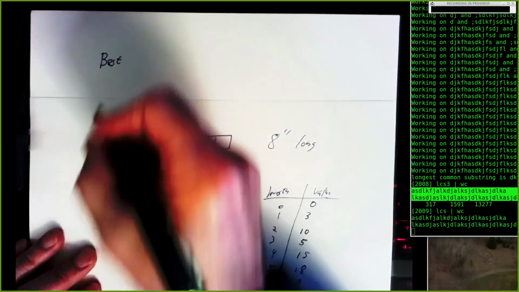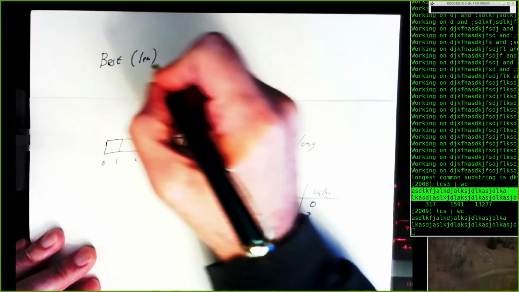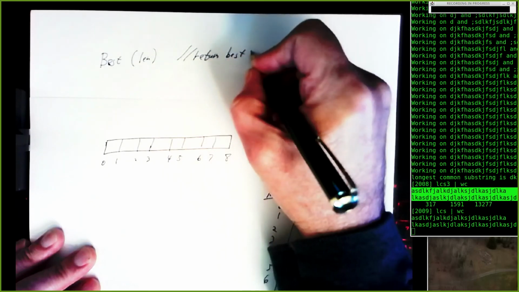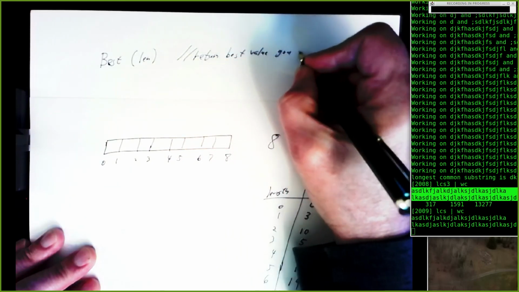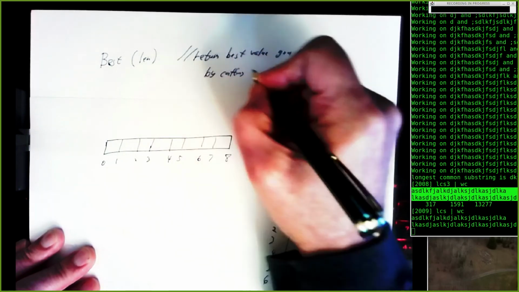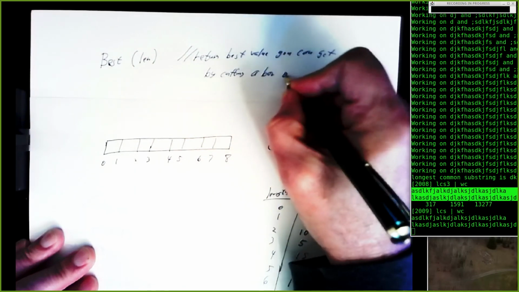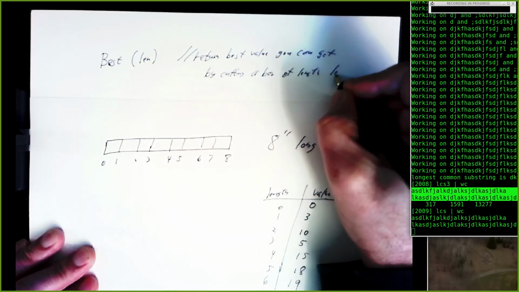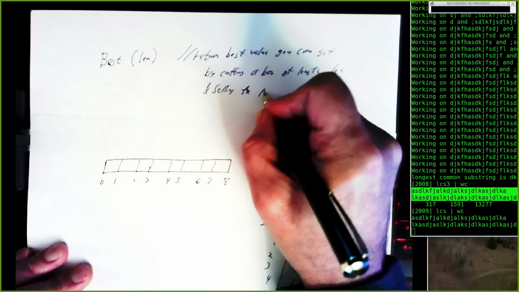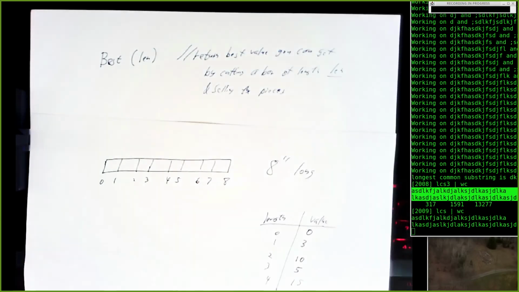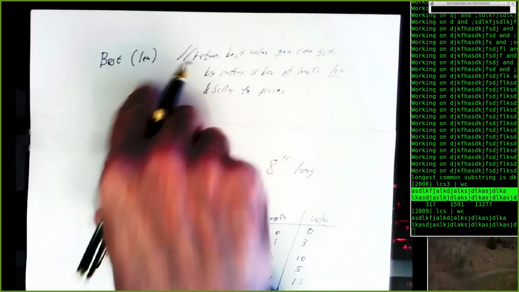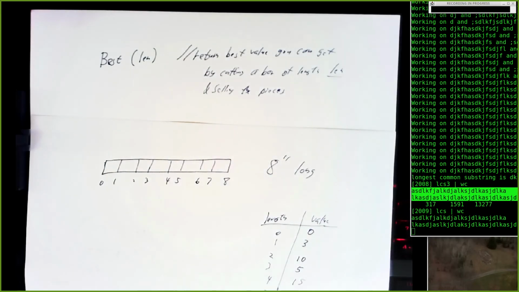So best takes a length, and it says return the best value you can get by cutting a bar of length len and selling the pieces. We want to define this function that basically says, if I have a bar of this length, what's the most money I can sell it for? What's the best value I can get?